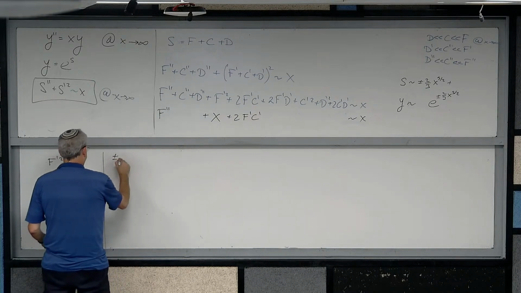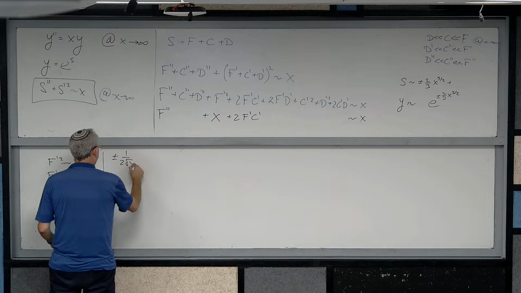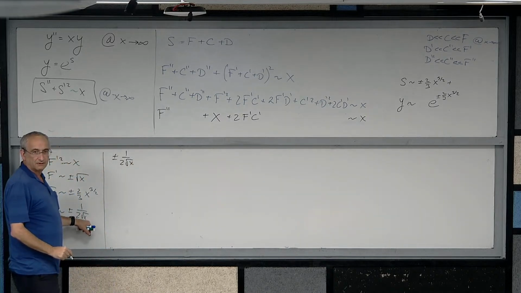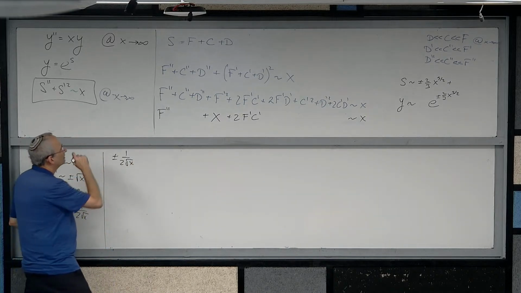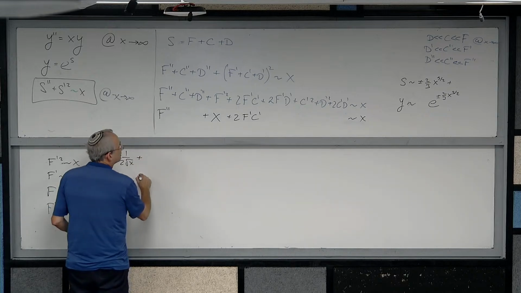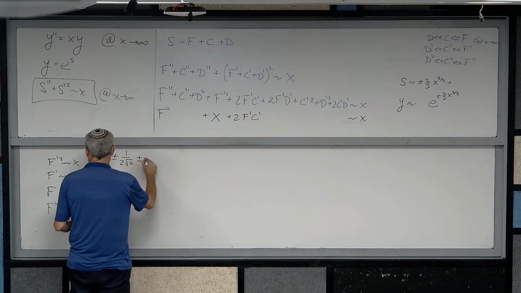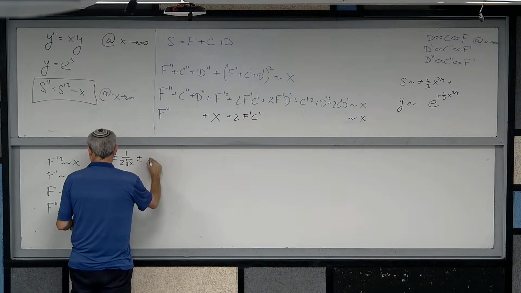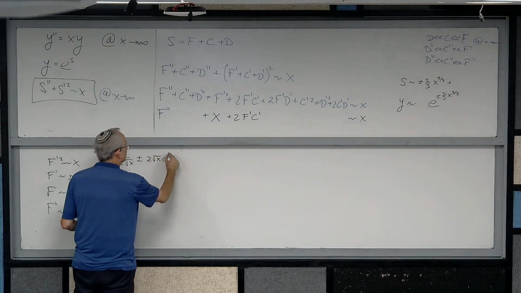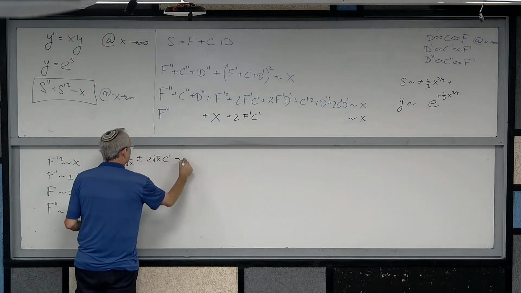I know it's plus minus 1 over 2 square root of x. That's f double prime. Plus 2 f prime c, so plus minus 2 square root of x c prime equals 0.